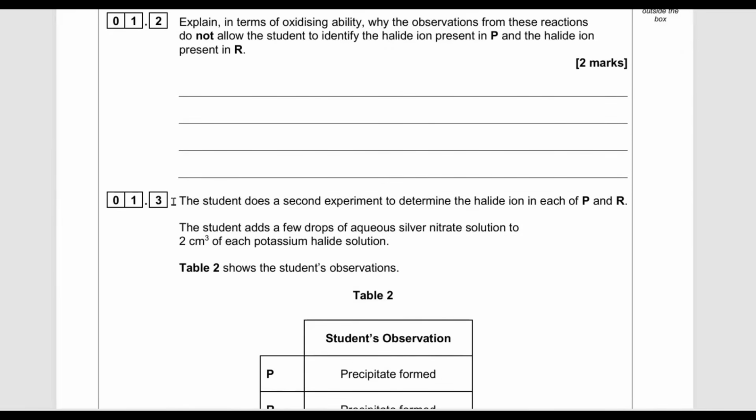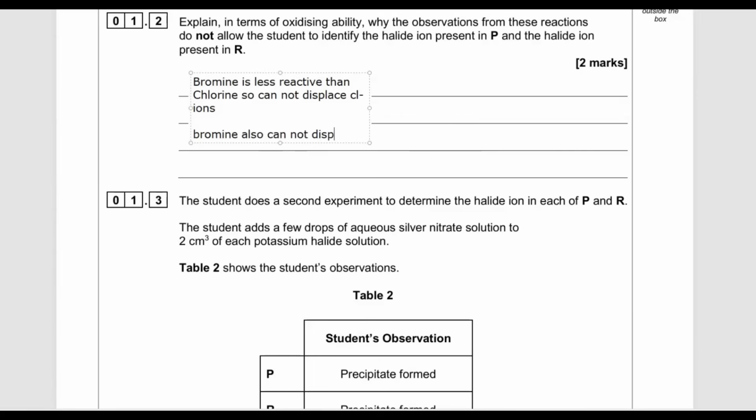Well, we can say it stayed orange with P and R, in which case the bromine wasn't reactive enough to displace the halide ion. And what could be the possibility? Well, bromine is less reactive than chlorine, therefore bromine cannot displace chloride ions, so P and R could be chloride ions, but also bromine cannot displace bromide ions either.